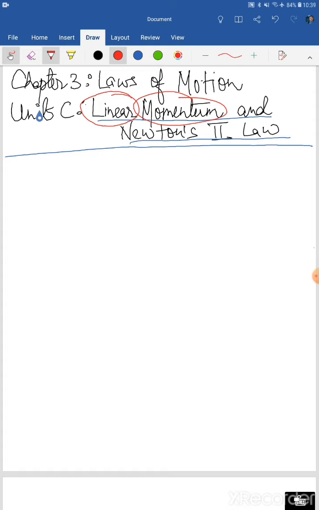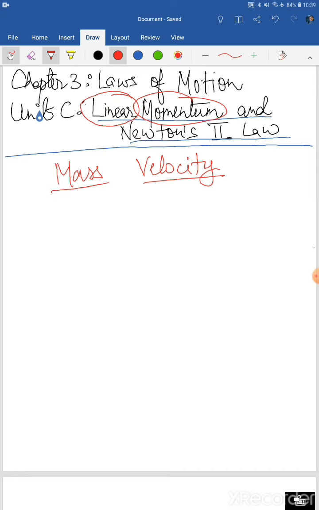Alright, now what is momentum? To understand momentum, let us first understand the concept of mass and velocity with respect to momentum. Let us first understand how mass and velocity play a role in momentum.